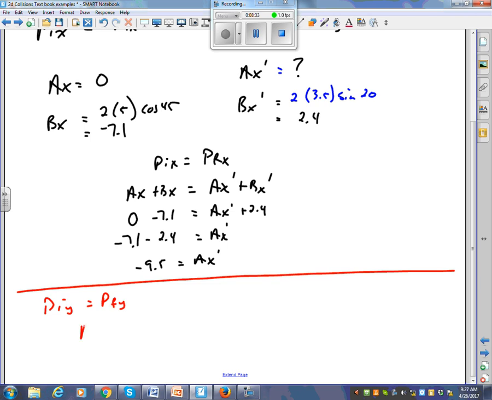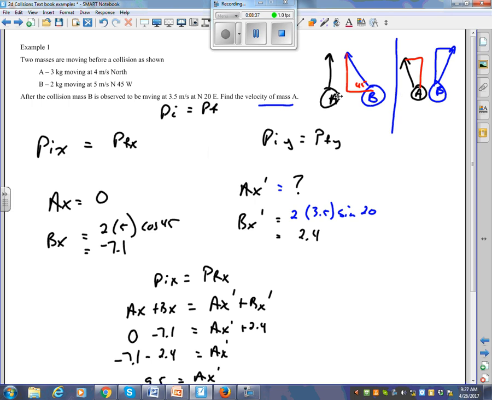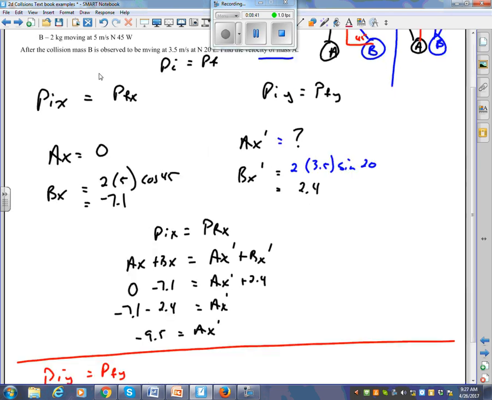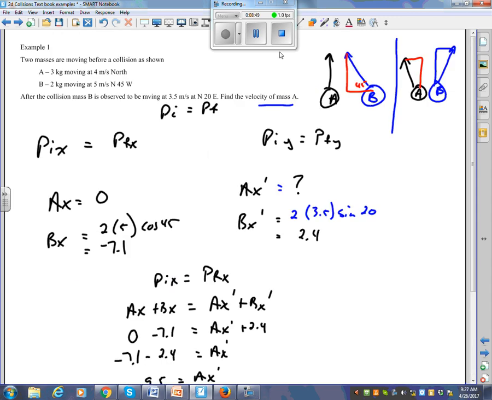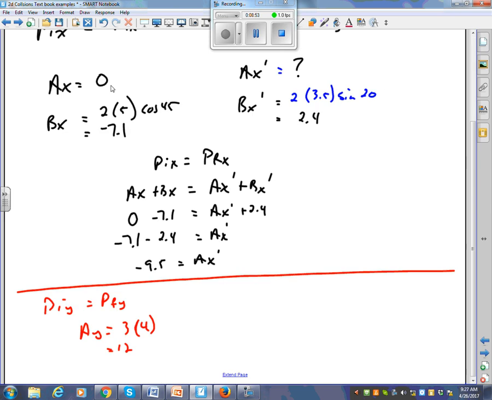And so I need Ay. Ay is straight north, 3 times 4, or 12. The mass of A is 3. It's moving at 4 meters per second. It's straight north. 3 times 4 is 12. No angle needed.